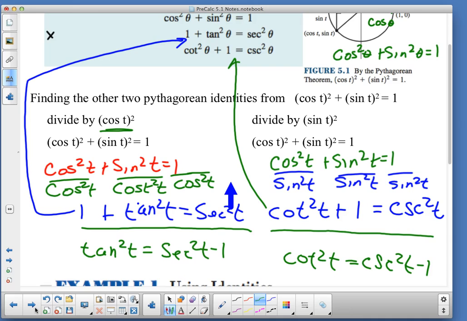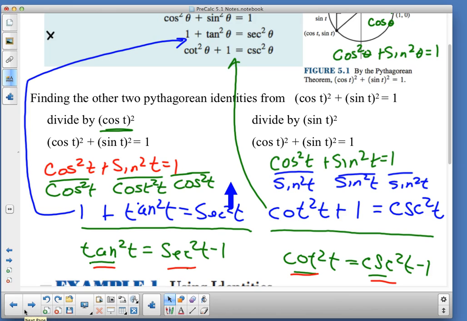So keep in mind their connection with each other, but it's really kind of interesting. If you pay attention to the cofunctions of tangent and cotangent, secant and cosecant, they are pretty much the same connection with each other. So that might be helpful to recall them better when we're doing them.